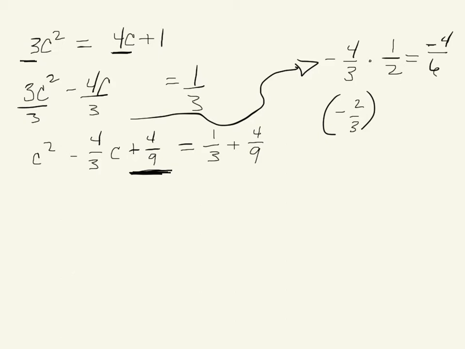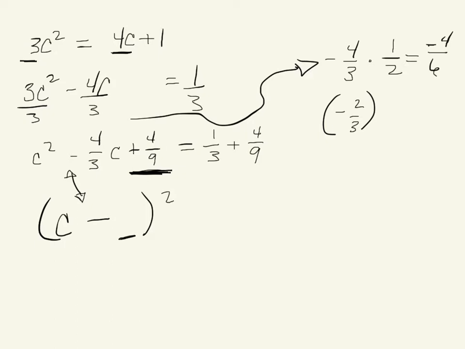Okay, so now, again, I said it was going to be hairy. We have to factor this. Remember, this is c. This sign is the same as this sign, so it's minus. Remember what goes in here?